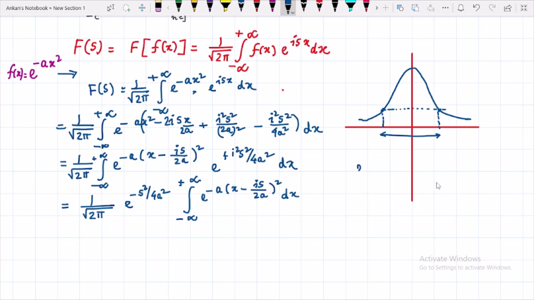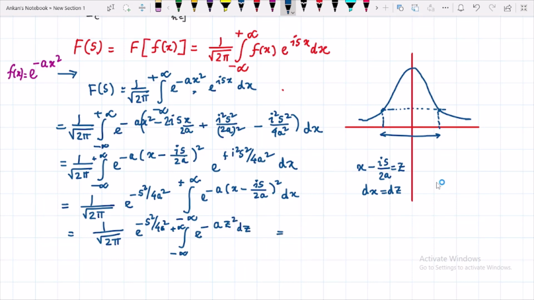To simplify this, I can choose x minus is by 2a as z, so dx will be nothing but dz, and the limits will be the same. So I can transform the total integral as: e to the power minus s square by 4a, integral from minus infinity to plus infinity e to the power minus az square dz.